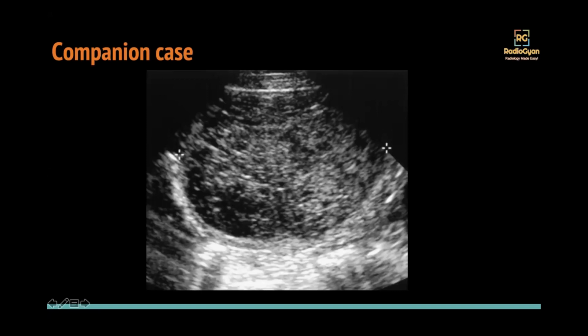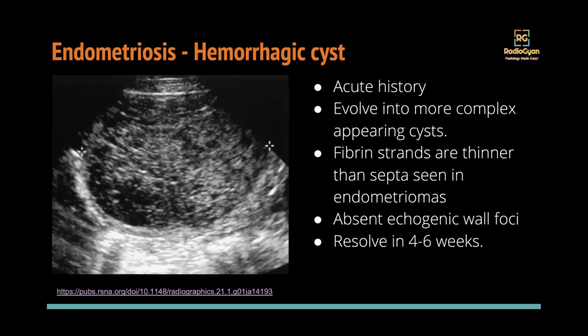Okay, perfect. So as people have rightly pointed out in the chat, this was a case of hemorrhagic cyst. The differential on the basis of ultrasound can be a bit difficult, but here are a few points which can help us to distinguish endometriosis from hemorrhagic cyst. So hemorrhagic cyst will have an acute history.